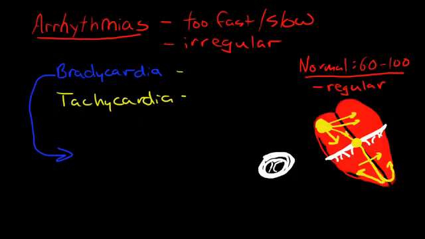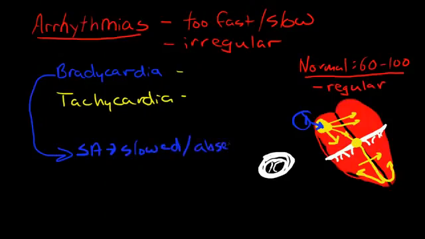So there are two possibilities. There are two things that can cause bradycardia. Number one is the SA node is either slowed or it's not generating action potential at all, so absent action potential.